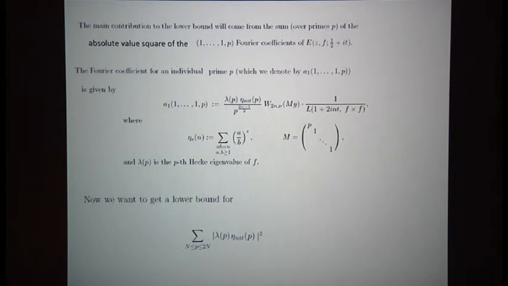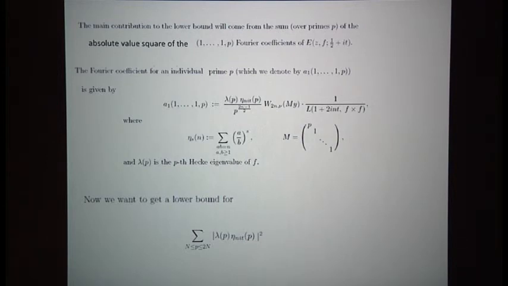So now the Fourier coefficients of the Einstein series, the p-th coefficient is given by lambda of p times the divisor function of p times the Whittaker function and times 1 over the Rankin-Selberg L-function. This was due to Shahidi, the 1 over Rankin-Selberg.